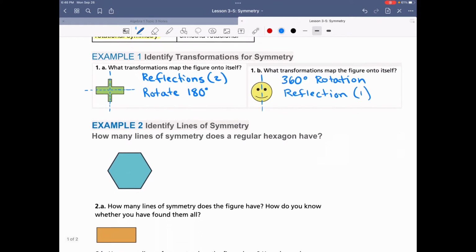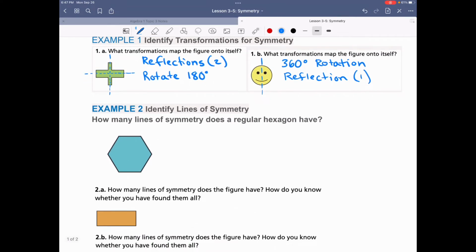Example 2. Identify lines of symmetry. How many lines of symmetry does a regular hexagon have? So we could go from vertex to vertex. That's one line of symmetry. We can also go this way. That's a second line of symmetry. And we can go this way. That is a third line of symmetry.